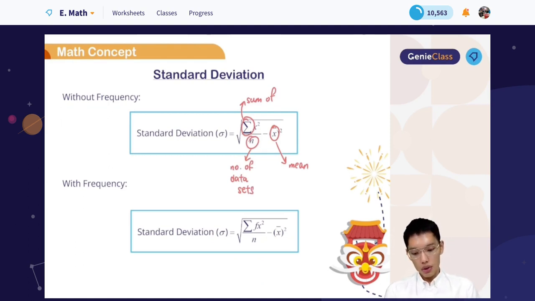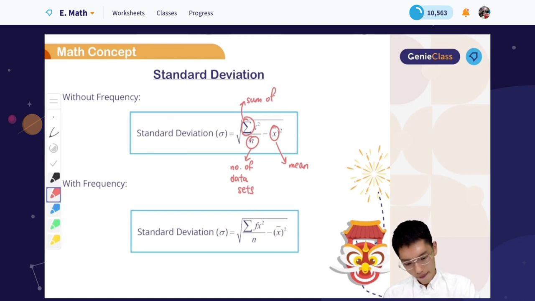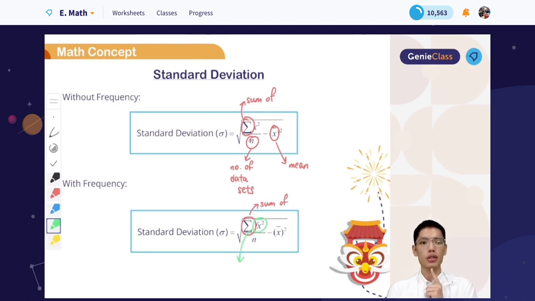Now, you realize what's the difference between without frequency and with frequency? Is that with frequency, there's a notion of f over here. Okay, so again, the notion is similar, just that we're looking at sum of all the data sets whereby my square of the values corresponds with the frequency.